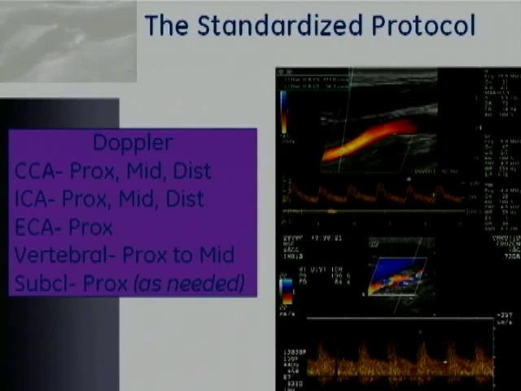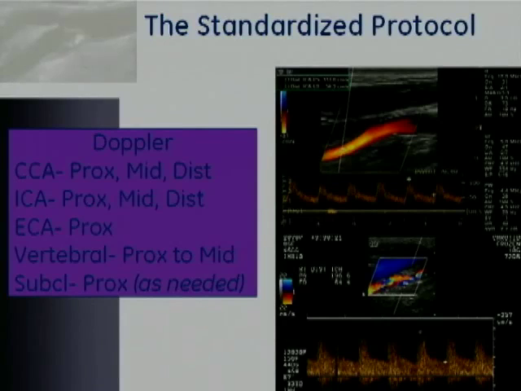Okay. Now, when we talk further about the standardized protocol, let's go into spectral Doppler. We want to make sure that we sample throughout the length of the vessels with our spectral Doppler. And in the common carotid artery, that means that we're sampling from proximal throughout the length. And we're going to take readings or images of Doppler samplings at proximal, mid, and distal CCA.